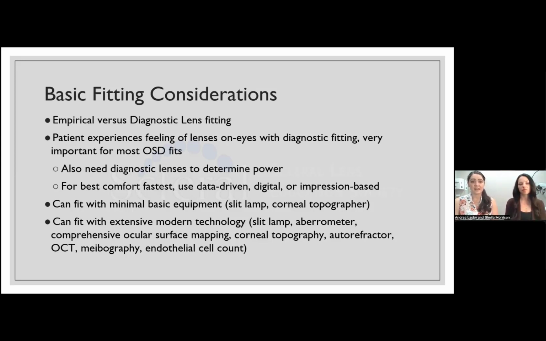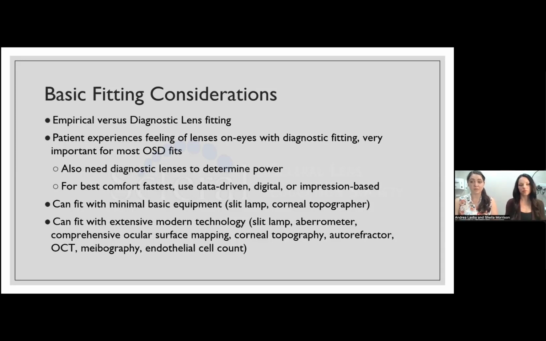The other thing is that even for those empirical fittings, we always want to put a lens on to see what vision is like and what the potential is there. It's nice for them to have that diagnostic fitting so they know how it's going to feel. You could describe this huge lens to me, and that can be very intimidating. So it's nice to actually put a lens on the eye, especially for your ocular surface disease patients. Anyone with dry eye is going to know right away if that lens is going to make their symptoms better or not.